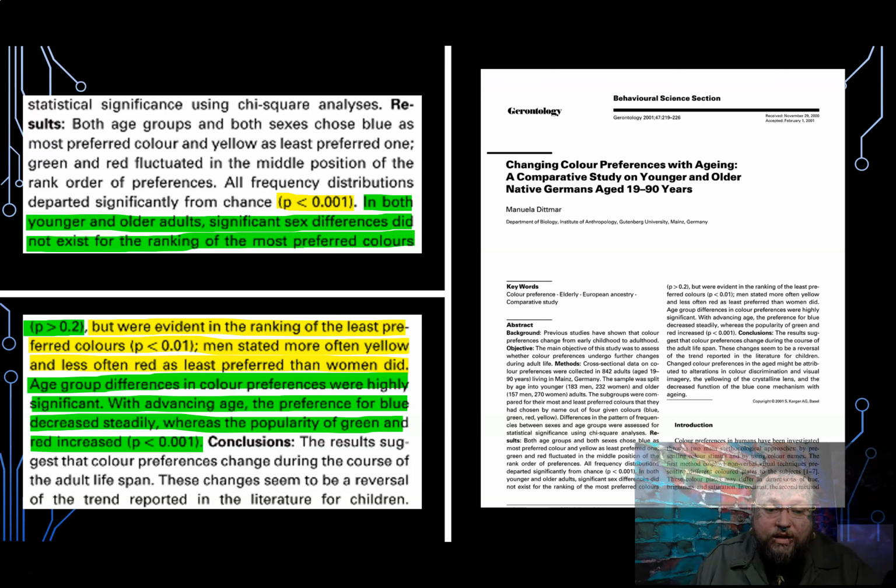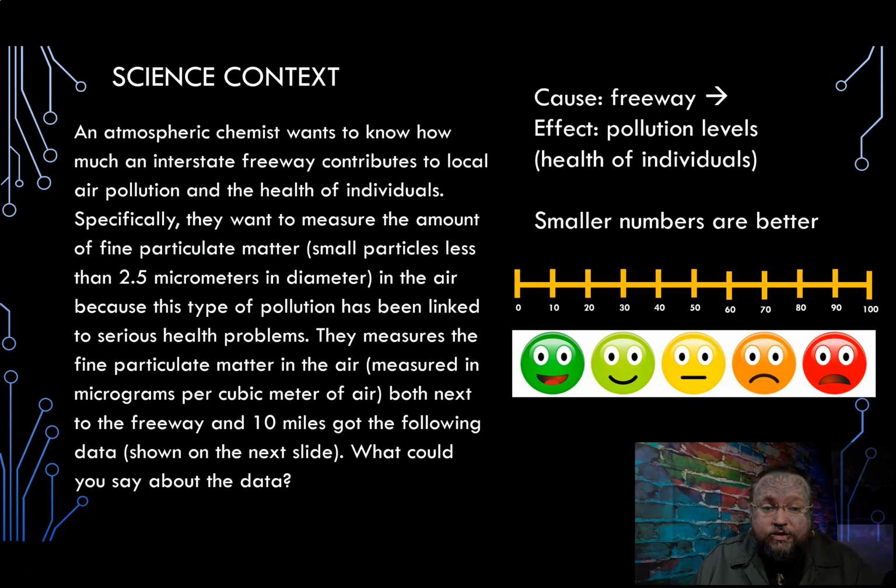And so for us, it would be, what is really the big difference between the data? So say, for example, if we go back to statistical reasoning part 1 and the example problems, we ended off with this example of the atmospheric chemist taking measurements and seeing the effect of an interstate freeway on pollution levels, because pollution is already shown to be related to people's health, and we would want smaller values to be better, because smaller measurements meant less particulate, which means less actual pollution, versus larger measurements meaning more pollution and worse overall health.